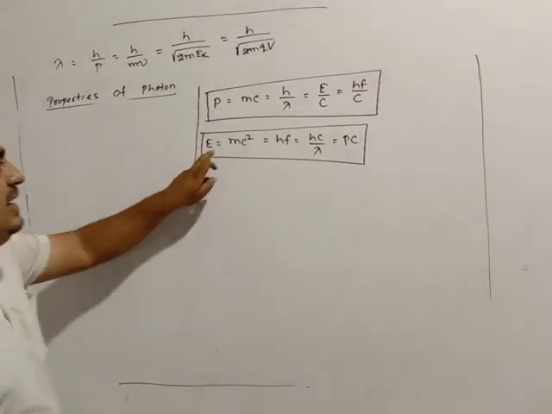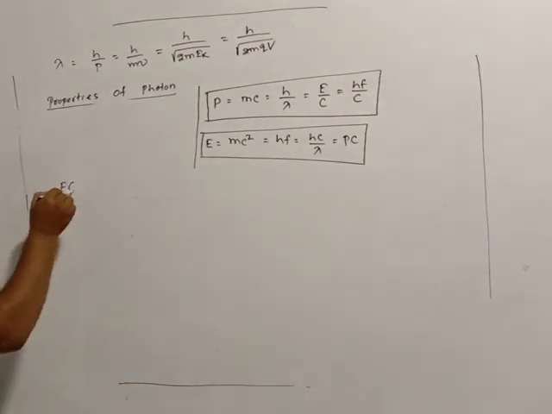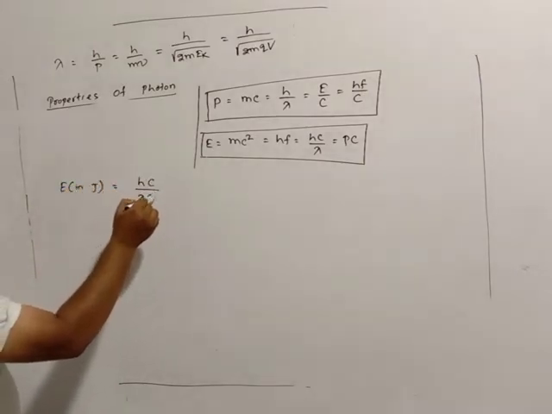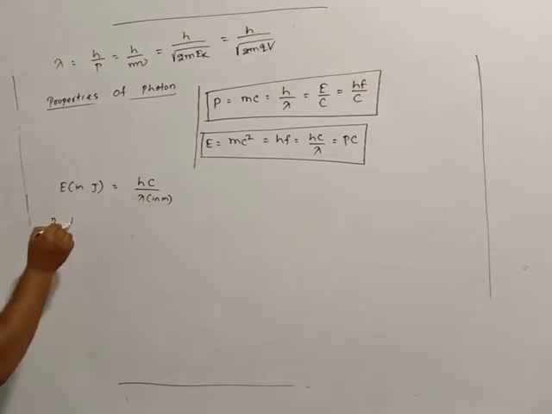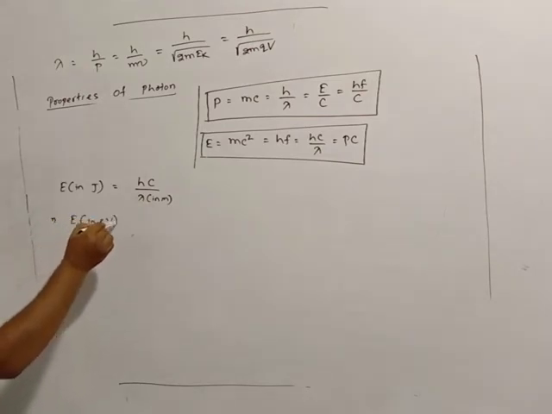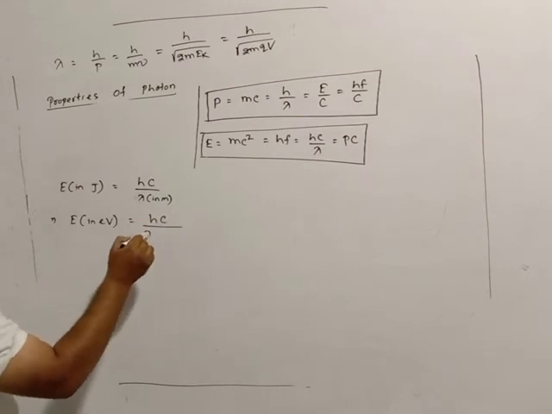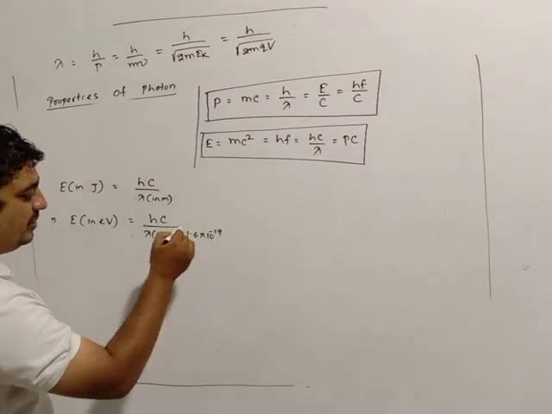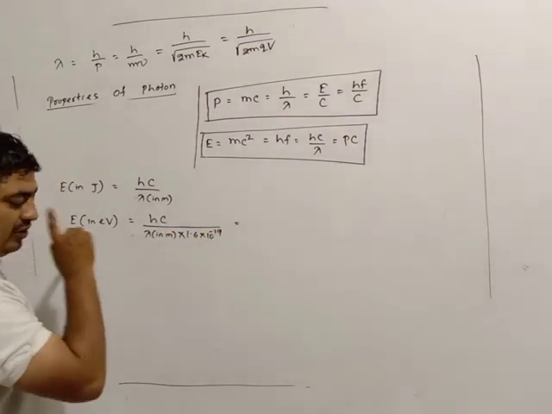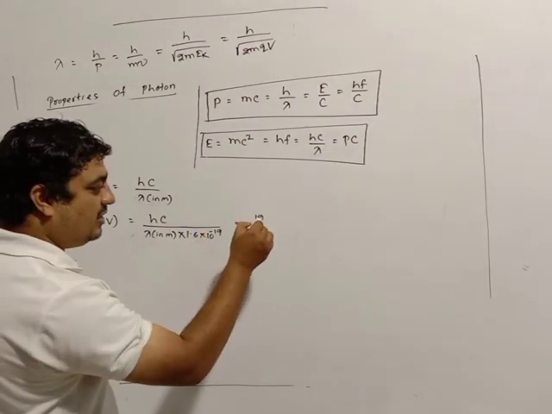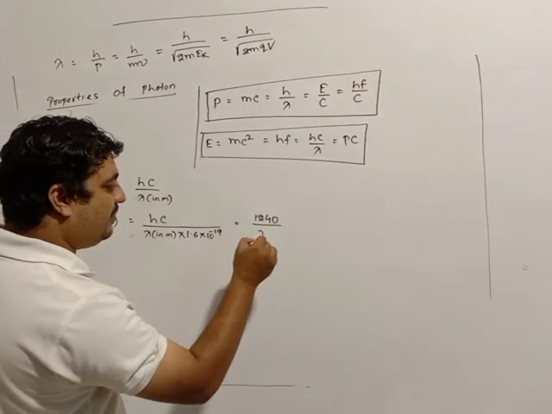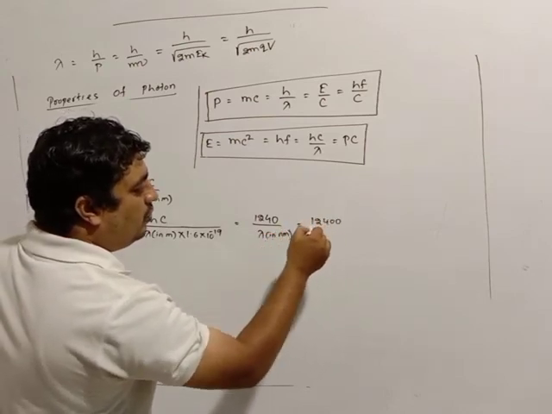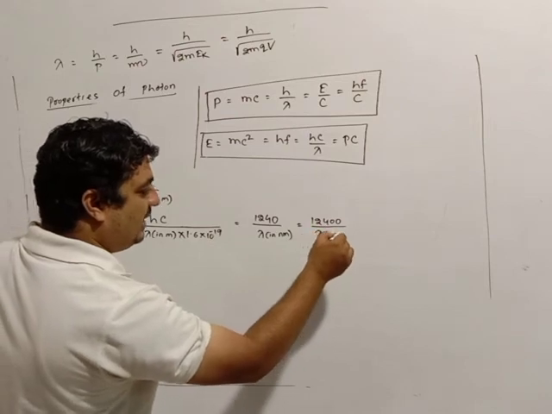So we can write E in joule equal to hc by lambda in meter. If we convert E into eV, it will be hc by lambda in meter divided by 1.6 into 10 to the power minus 19. Now, if we put the values, we will get 1240 by lambda in nanometer, that is equal to 12400 by lambda in angstrom.